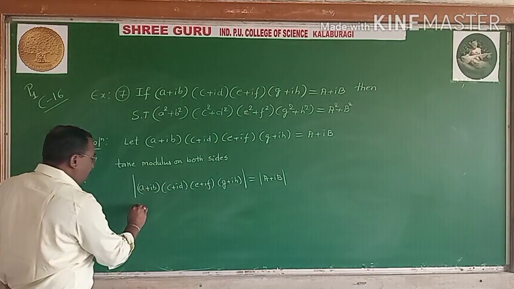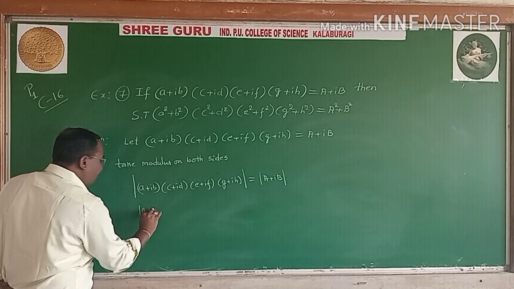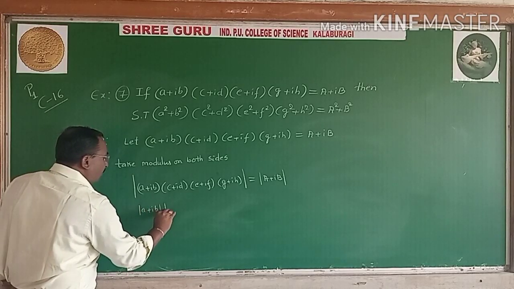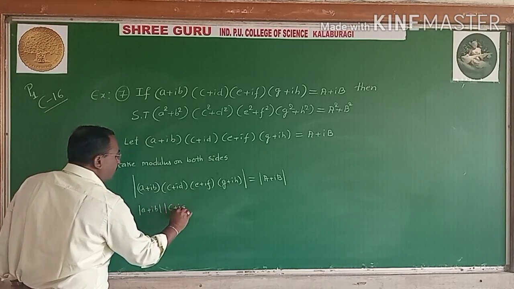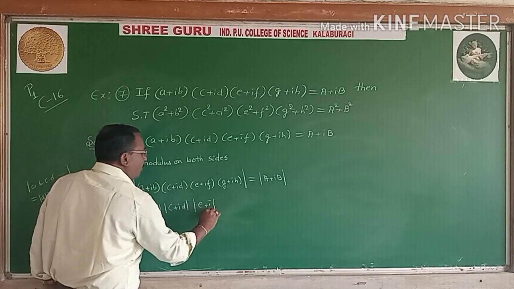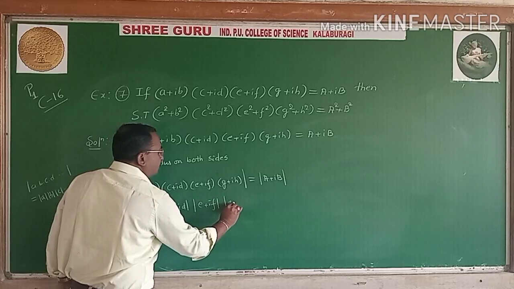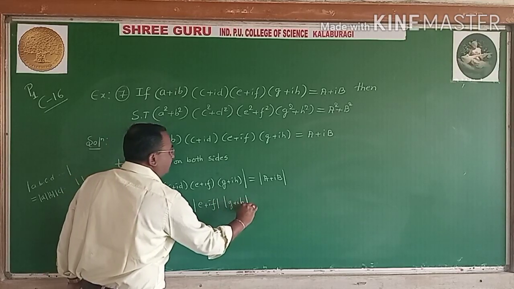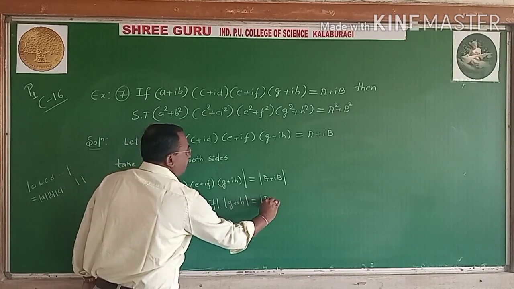Separate modulus: modulus of a plus ib, modulus of c plus id, modulus of e plus if, modulus of g plus ih, is equal to modulus of a plus ib.